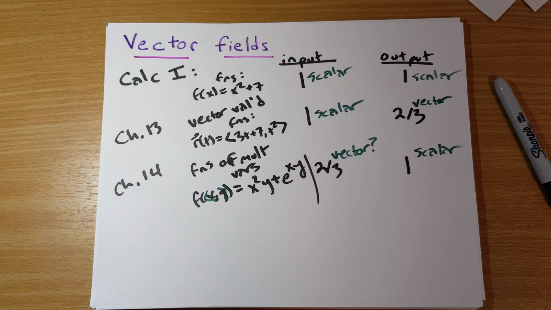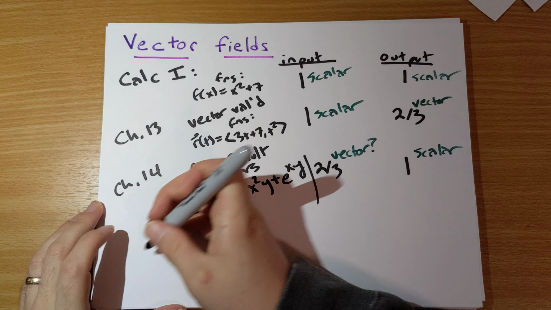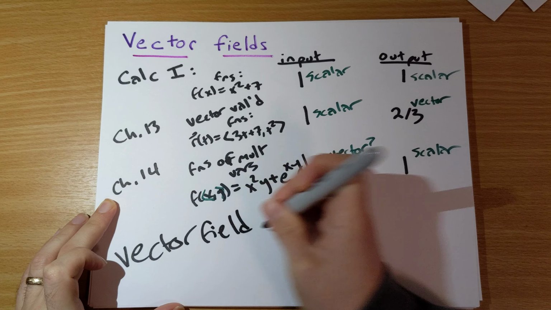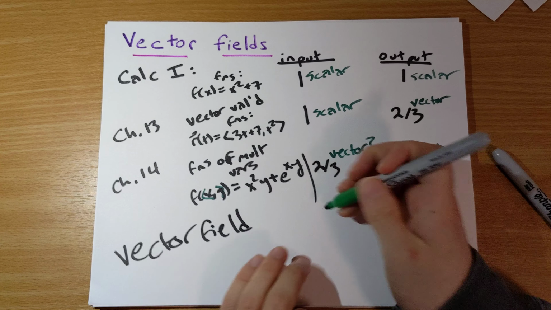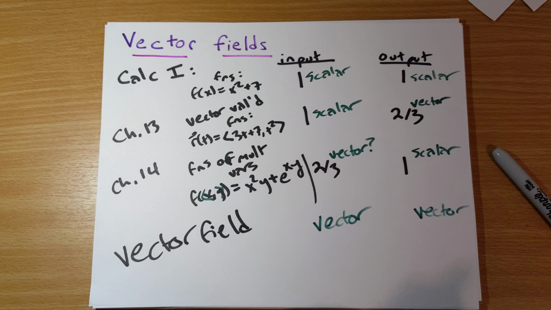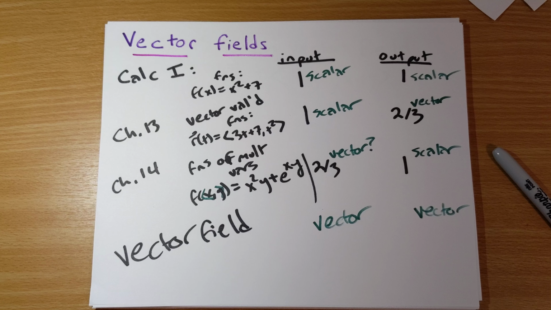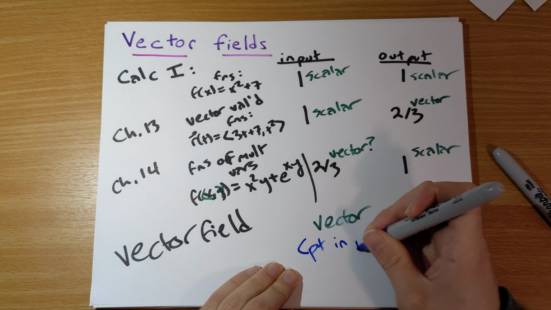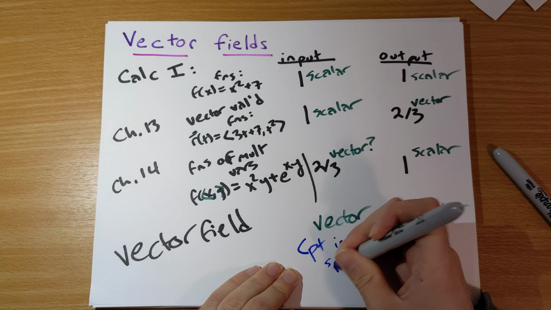What's missing from the chart? Well, a vector field is going to have a vector input and a vector output. Or you could think of it as having several, two or three, inputs, or a different way to think about this could be that the input is a point in the plane or in space.